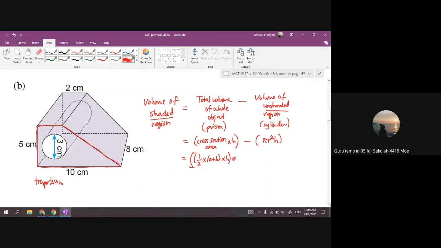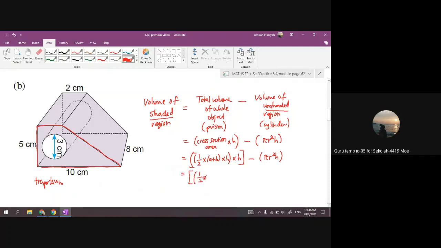Times height of the prism. So there are two H's. Remember, this H is the height of the trapezium, and this H is for the prism, the whole prism. Minus pi r square H. So write the formula step by step first so you can see clearly. Then just type in the values.